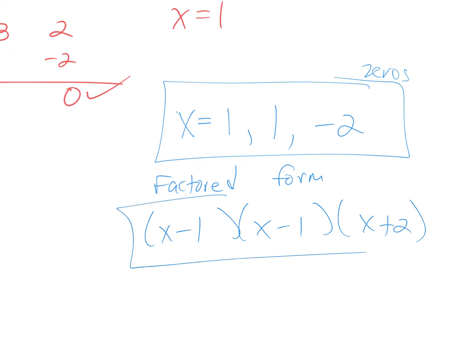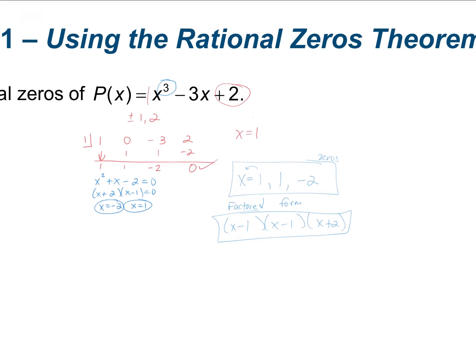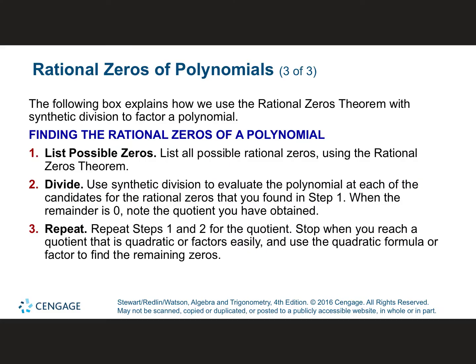That's your factored form. When you take this and move it to the other side of the equal sign, your sign changes. So on WebAssign and on your quiz, you're probably going to be asked to answer questions different ways. Factored form means what did the parentheses look like? Zeros means what does x equal? Everybody with me? All right, let's do 3 examples, and then we're done.